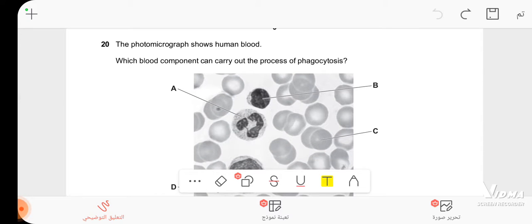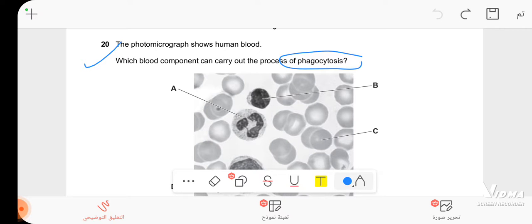Question number 20. The photograph shows a human blood. Which blood component can carry out the process of phagocytosis? As we know, white blood cells have three types.